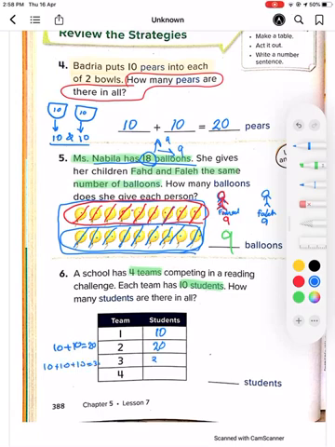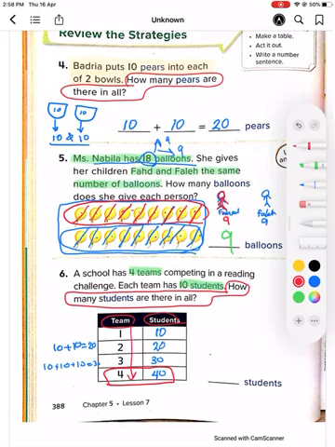So 30, excellent. And 4 teams, 40. So our question is, how many students are there in all? In 4 teams, how many students? This is the teams, this is the students. In the team 4, how many students? Of course, 40 students.